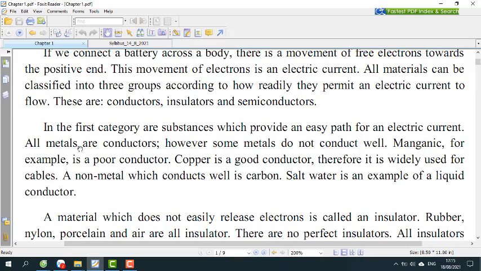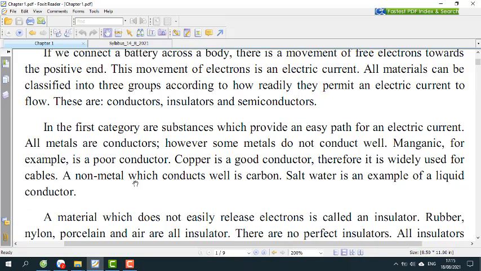All metals are conductors. However, some metals do not conduct well. Manganese, for example, is a poor conductor. Copper is a good conductor. Therefore, it's widely used for cables.